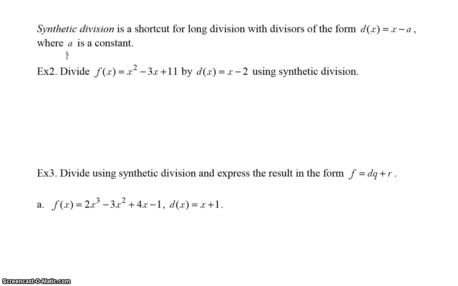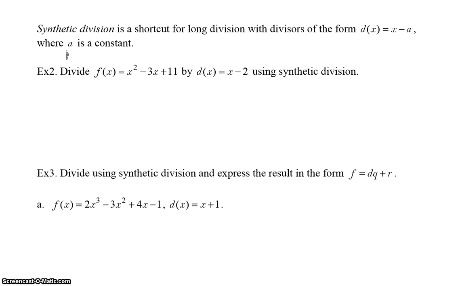Now, very often we want to divide a polynomial by what we would call a linear divisor, a first degree divisor. And when we want to do that, we can use a shortcut for long division, which is called synthetic division, which is much easier and less time consuming than performing a long division.